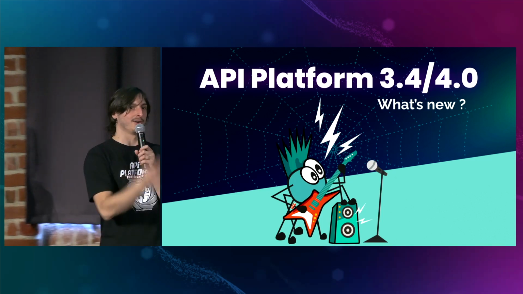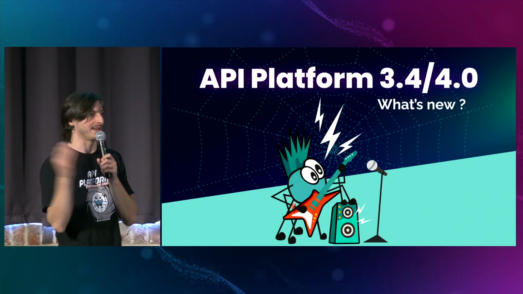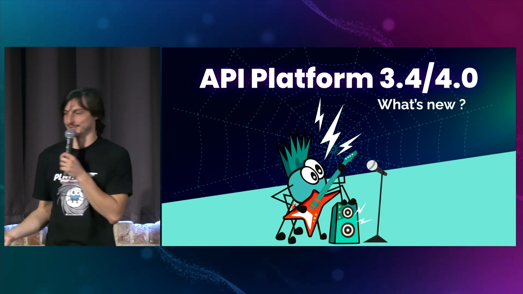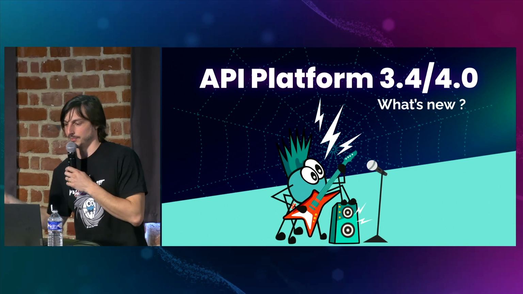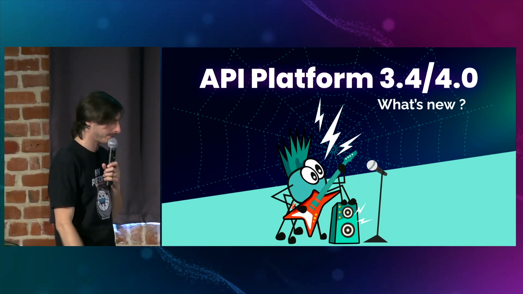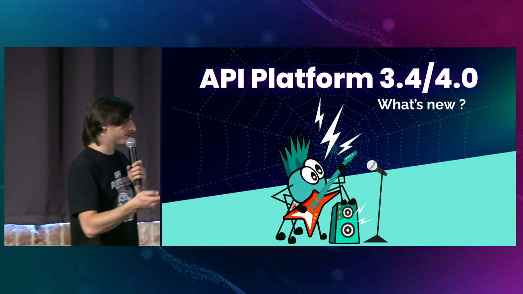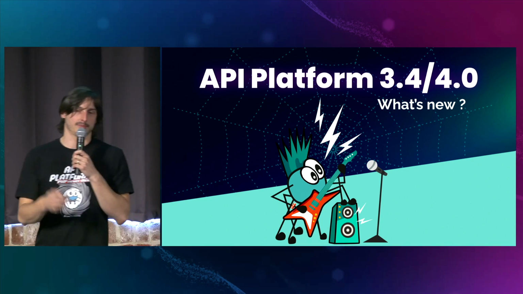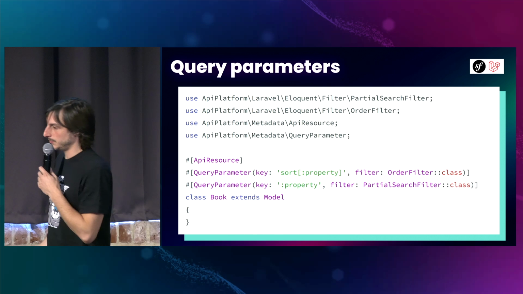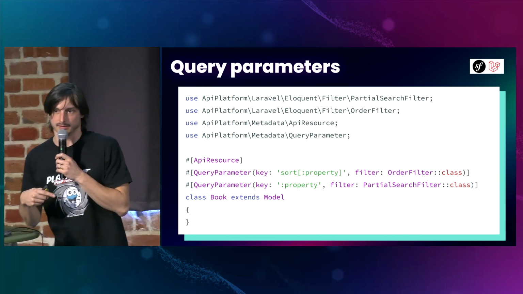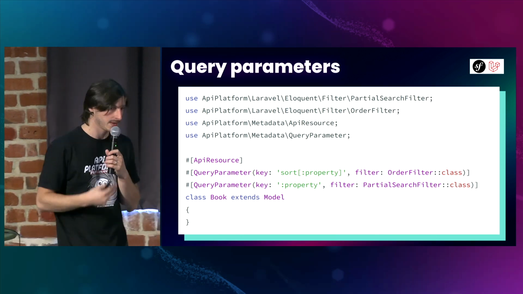I know that you are all here to know about API Platform new features, right? So what's new inside API Platform 3.4 and 4.0? The really big functionality I'm the most hyped about is the new query parameter. You may have seen it in Kevin's conference this morning.